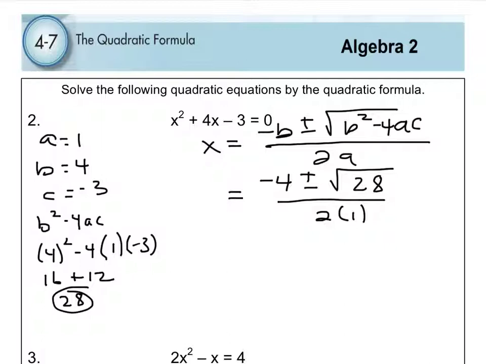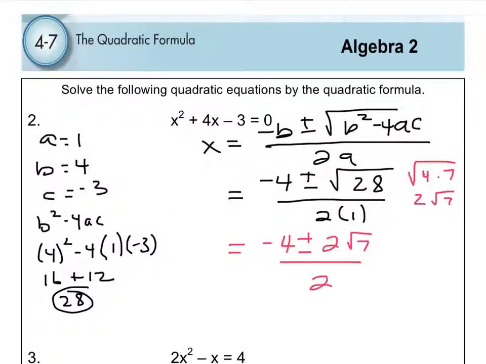Now you're also going to have to be able to break down some of these square roots. What perfect square goes into 28? That happens to be 4 and 7. So this is the square root of 4 times 7, which means the square root of 4 is 2, and the square root of 7 stays in. So this is now negative 4 plus or minus 2 times the square root of 7, all over 2.